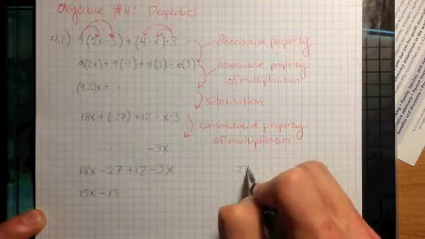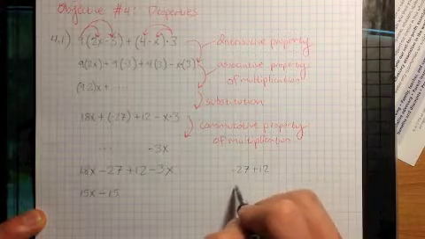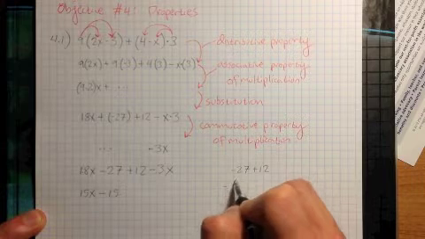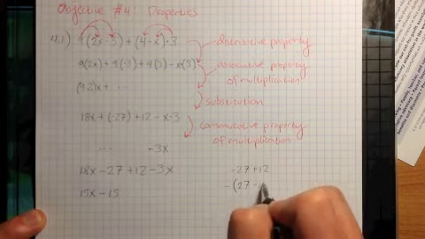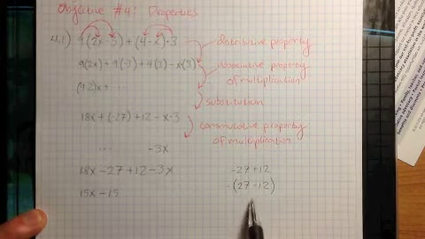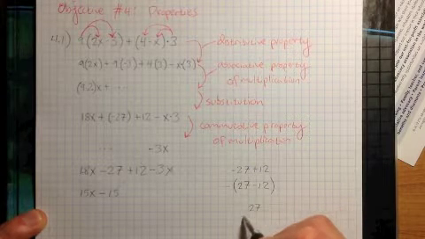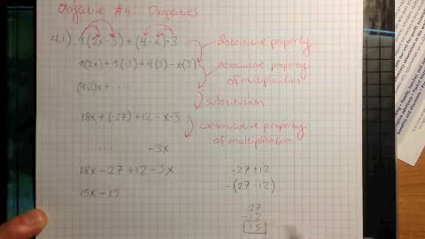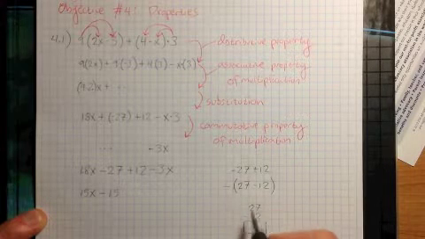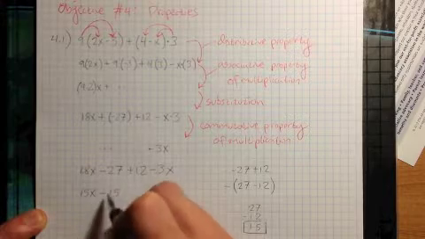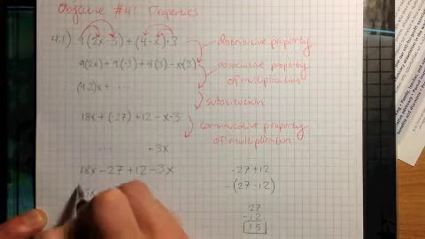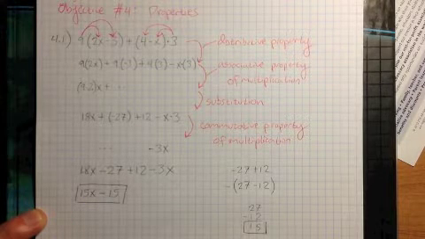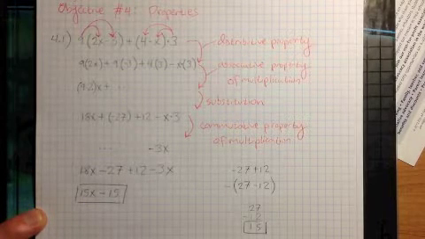Negative 27 plus 12 is the same thing as using the reverse distributive property, negative 27 minus 12. You see how I got that? So I can do 27 minus 12. 7 minus 2, 5, 1. Yep, so that's 15, with the negative out front, so it's negative 15. Anyway, what I just did over here was quick calculation to make sure that I did that correct. So 15x minus 15 is the answer that I wanted.